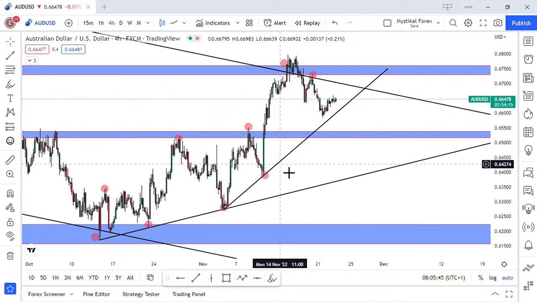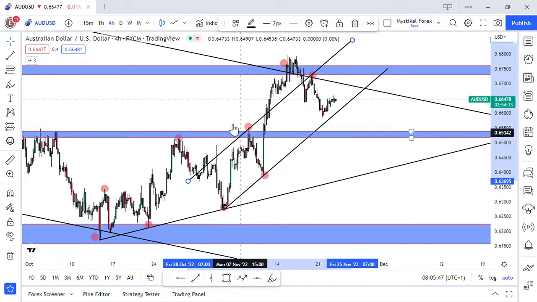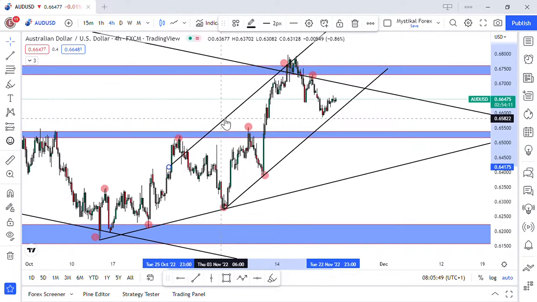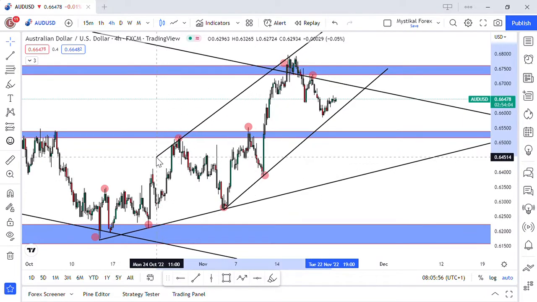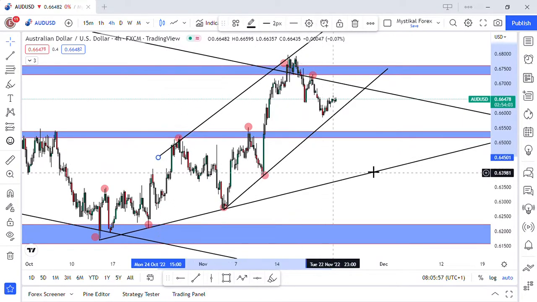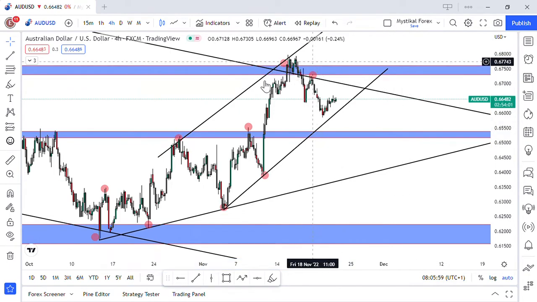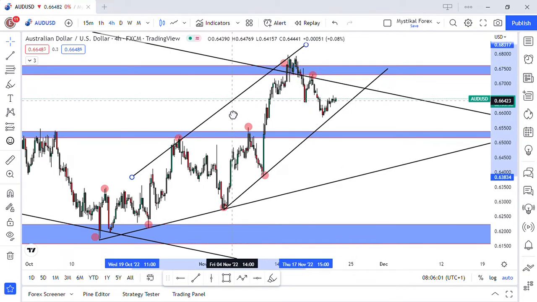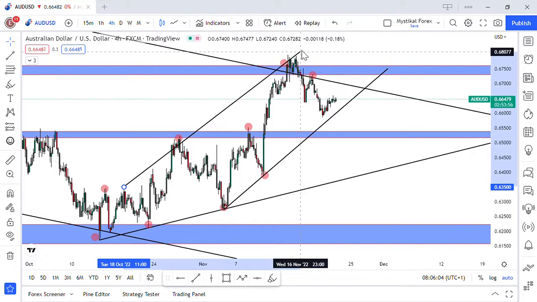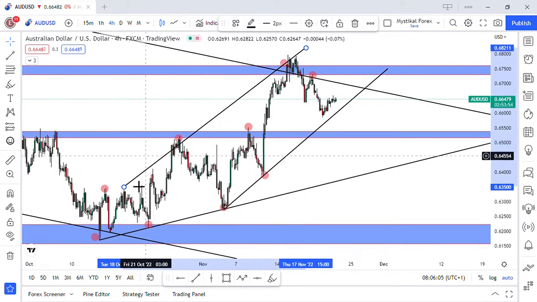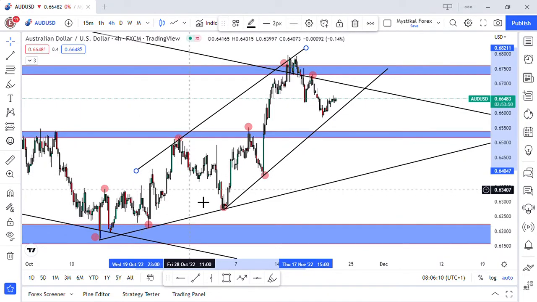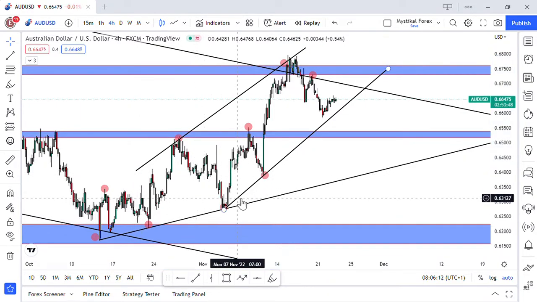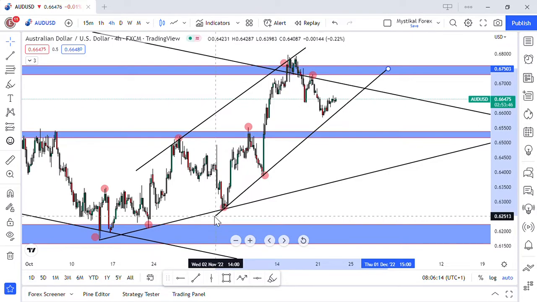Okay, this is another level right here. Quite a nice level, isn't it? Okay, guys, so part of my students, part of the people in my premium group saw this and they were quite amazed.